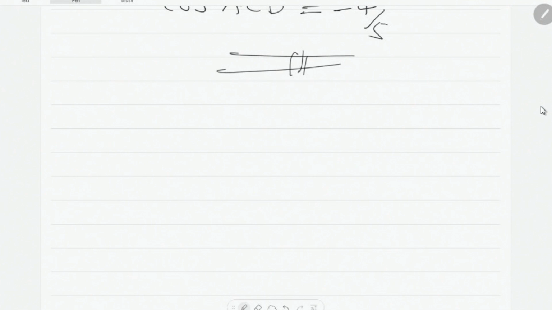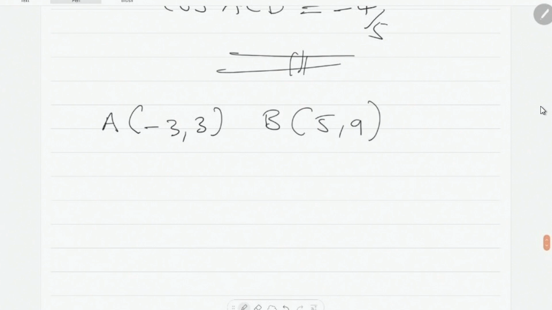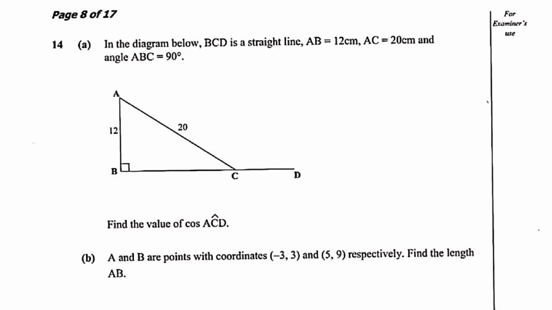So that is the solution for question number 14, part A. All right. So let's go to question number 14, part B.